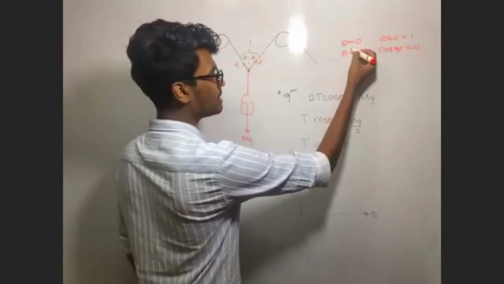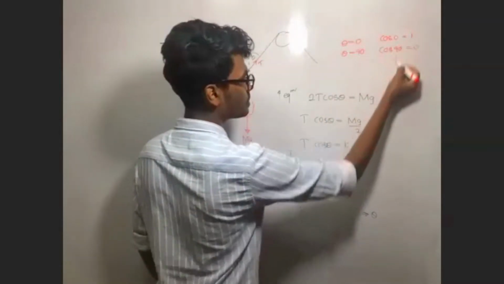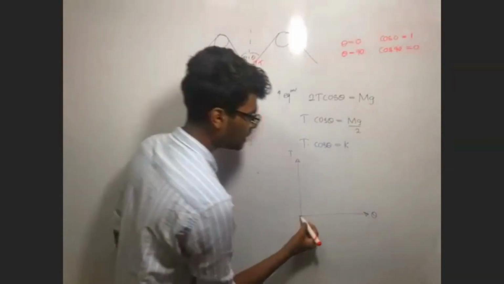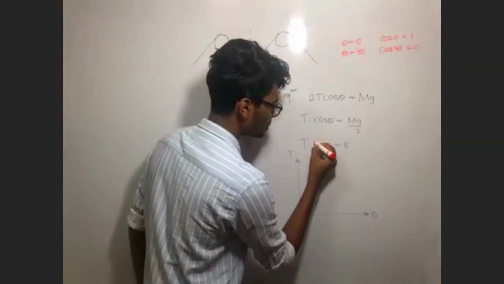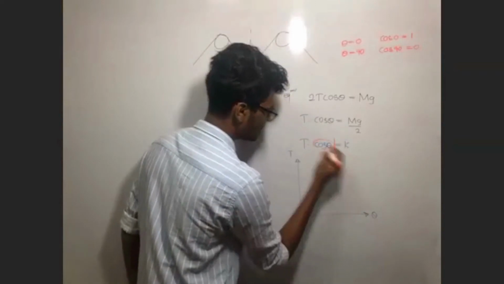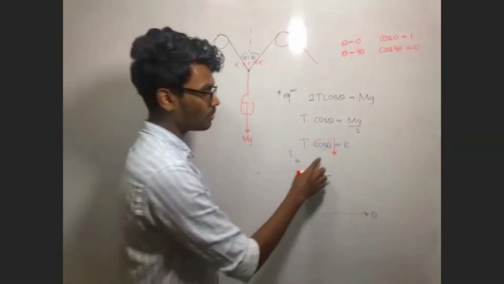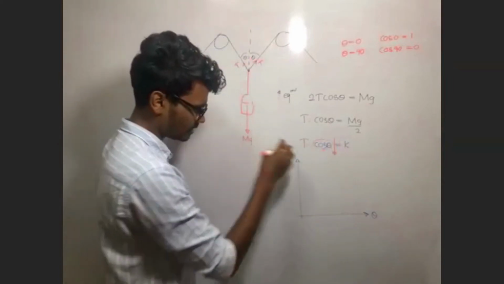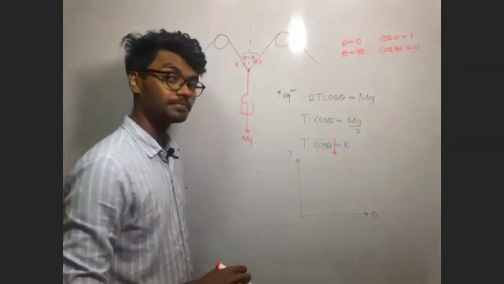So when the angle increases, the cos ratio decreases. So when this term decreases, what should happen to the tension term?